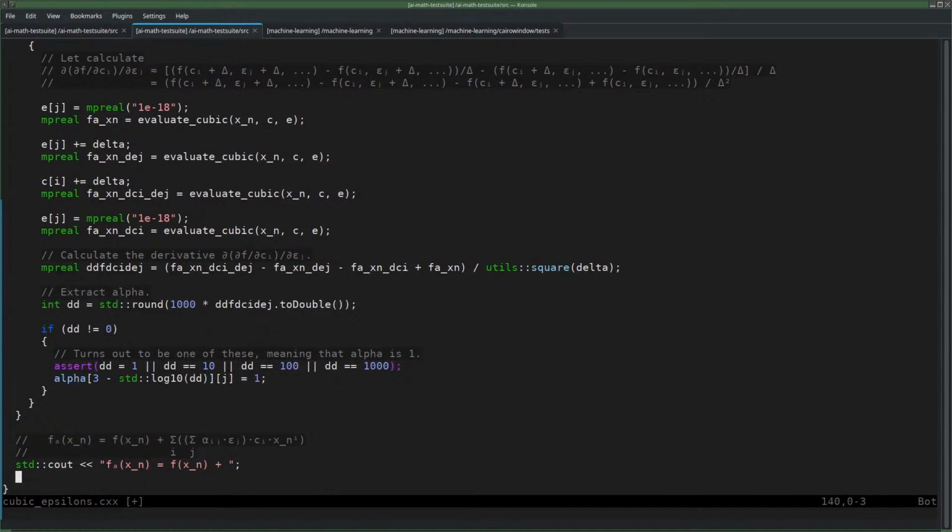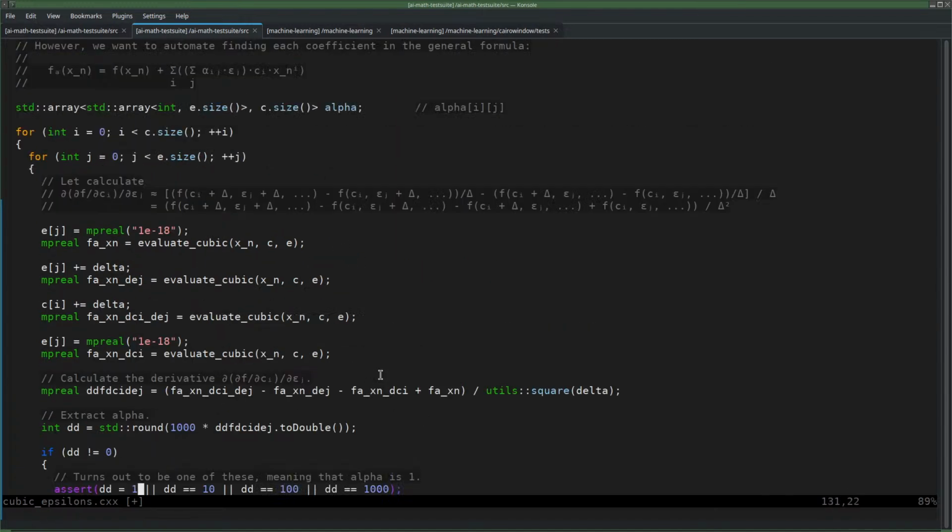So the outer loop starts when I run int i from 0. Okay, let's use the same thing as here. Might as well copy it then.